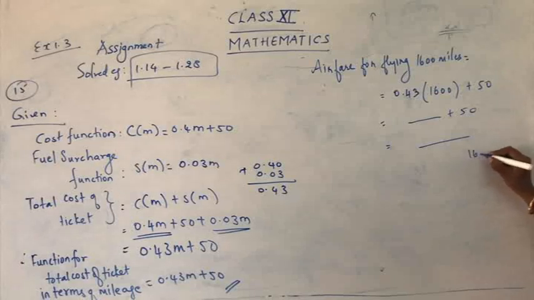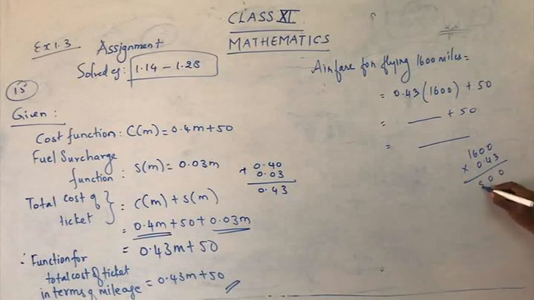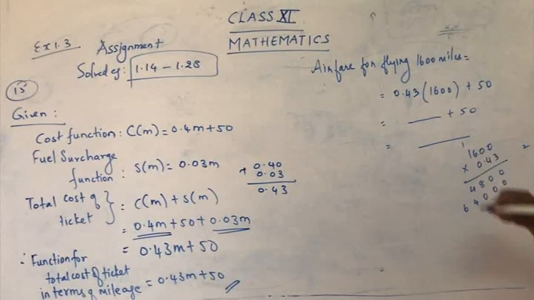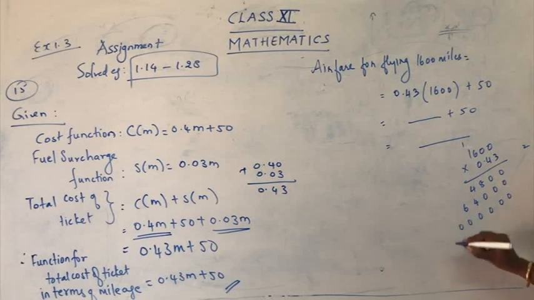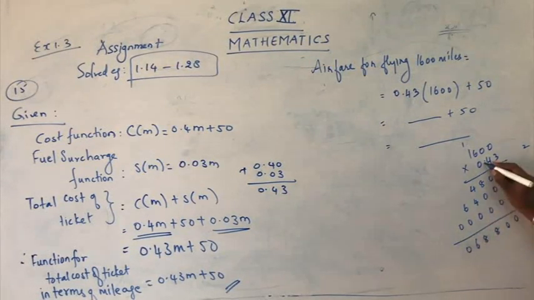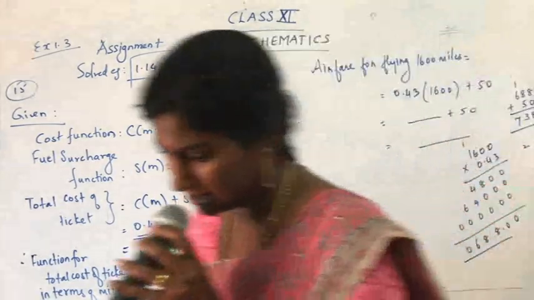I'll do it here, 1600 into 0.43. Plus 50 is there. 2 decimals, so here you have 688. 688 plus 50 gives 738.